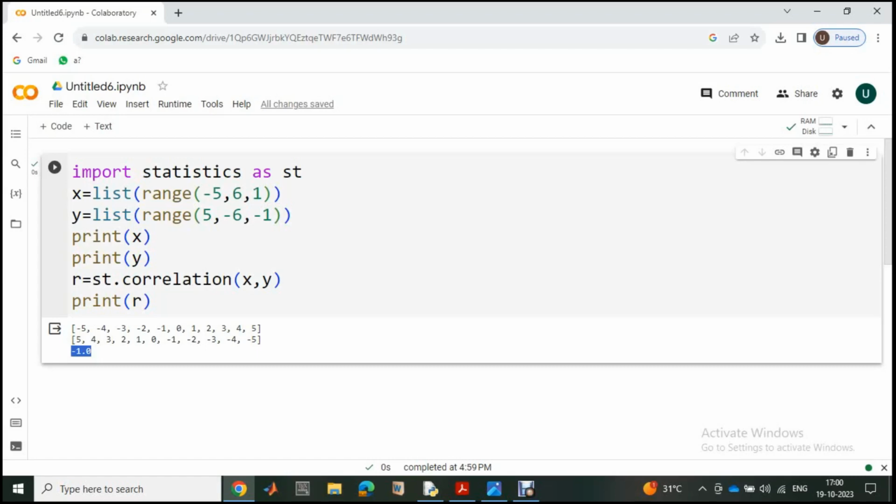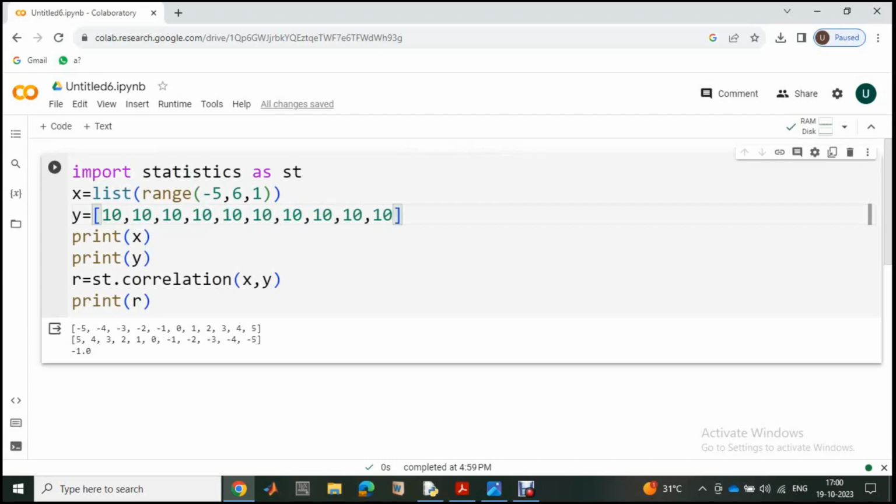Now let me take some random values, for example. I'll take a list of values here: 10, 10, 10, 4, 5, 6. So now I have equal values.